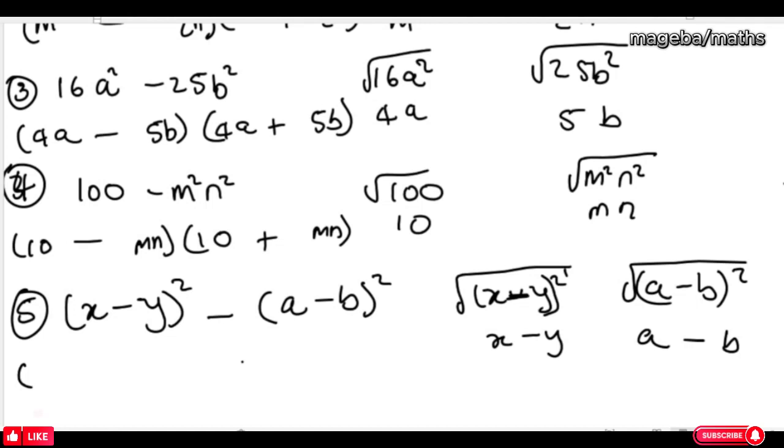Coming to factorization, you open two brackets. The first term of this is going to be x minus y.